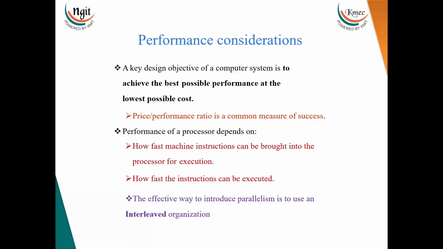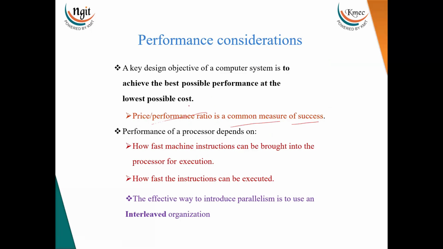Now, in this lecture, we will discuss the performance consideration. Two key factors in the commercial success of a computer are performance and cost. The best possible performance at the lowest cost is the objective. The price per performance ratio is the common measure of success.